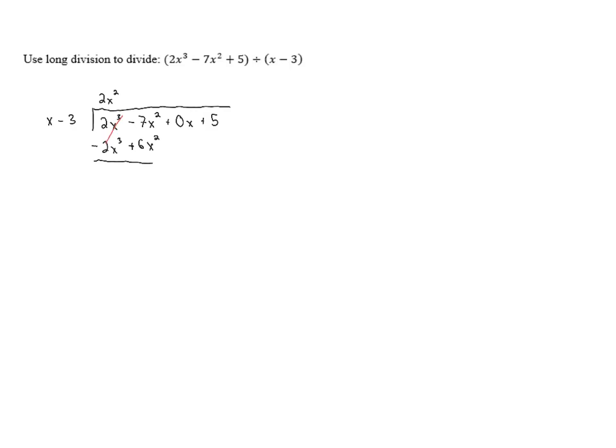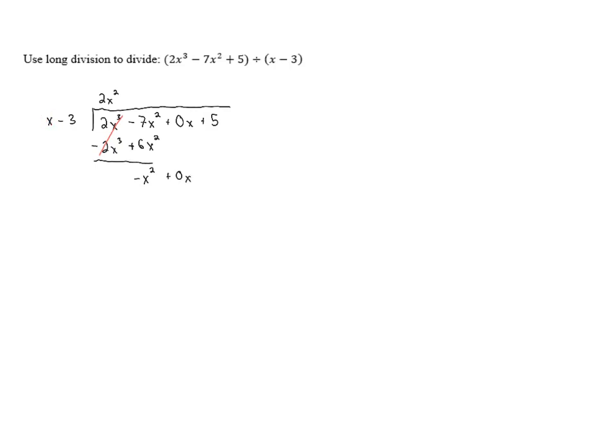The first pair of terms cancels, and that should always happen in these problems. If it doesn't, you've made some sort of mistake. And then when we combine the second pair of terms, that gives us negative x squared. Then we'll bring down the next term, plus 0x, and we'll go through the process again.